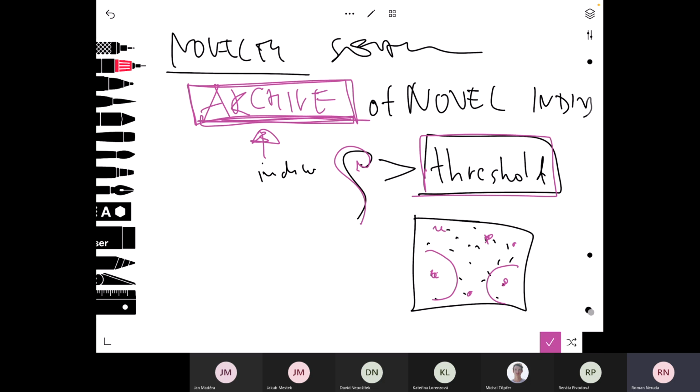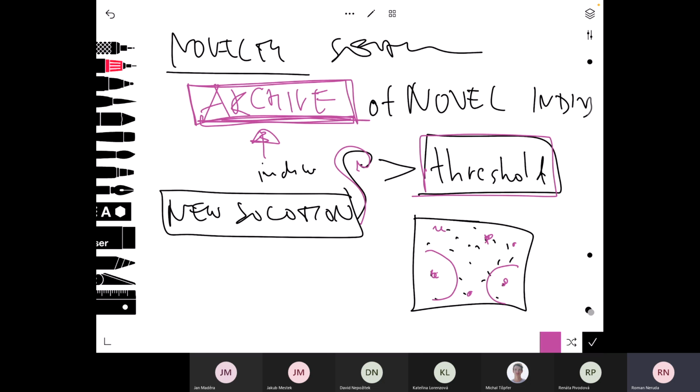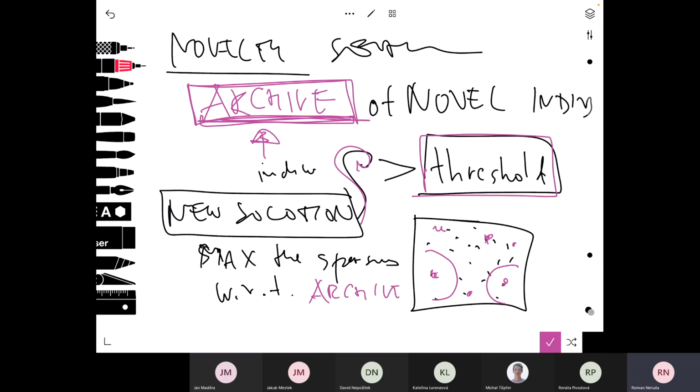And the next thing is that when you're in the loop of your search algorithm, the new individual you're creating by some kind of mutation should be sparse, should maximize the sparseness with respect to the archive and the current population.